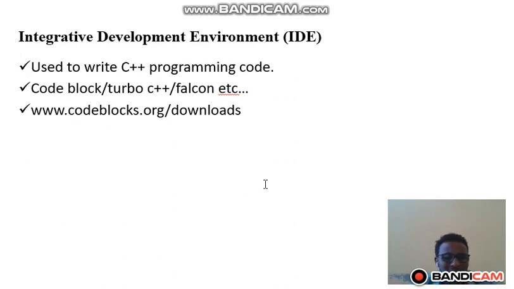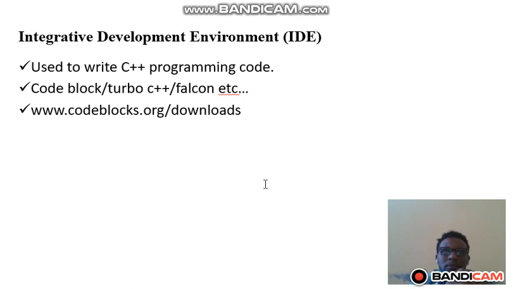Let us continue. In order to write the set of instructions in C++, what are the important tools that we need? The first one is the integrated development environment. To write the set of instructions, it contains the compiler inside it.